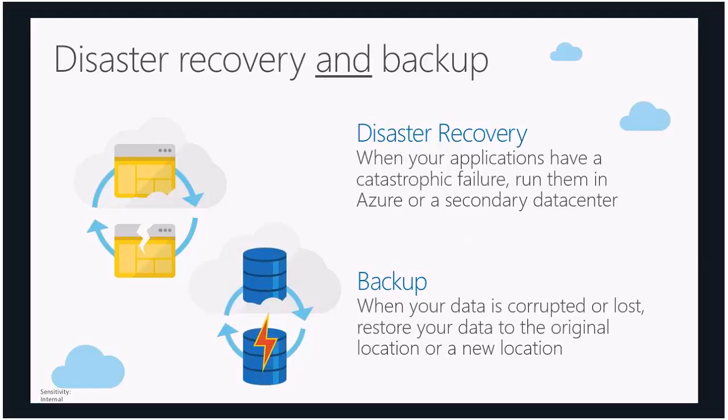And then the backup piece is used in relation to restoring corrupt or lost data. So these are two pieces of the same puzzle. In Azure, we have the Azure Recovery Services solution, which combines these two components into the same service. And that makes it easier to have a full, complete, end-to-end DR solution for our environments.